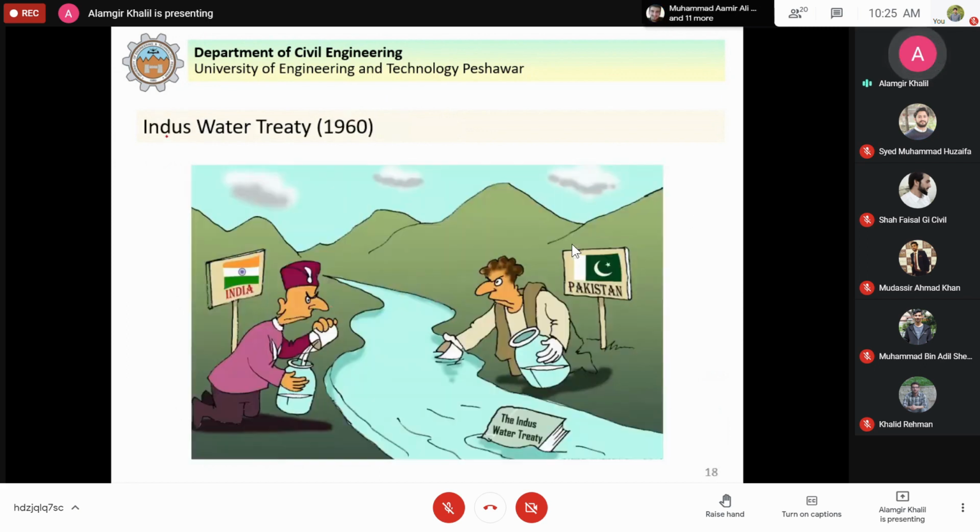Next, we briefly discuss the Indus Water Treaty. So far what we discussed is that water is important for sustaining life on the surface of the earth. We discussed different sources of water, and we discussed that the availability of water is finite.